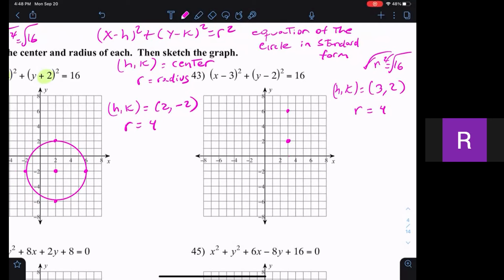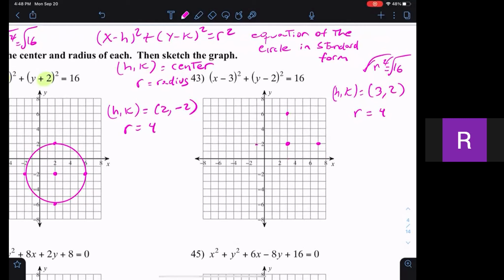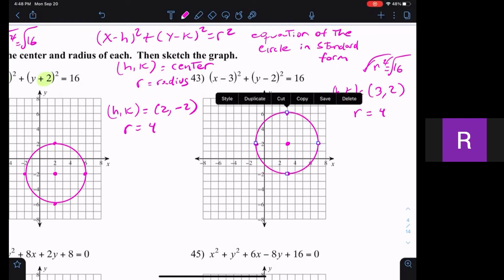Here, 1, 2, 3, 4. 1, 2, 3, 4, and then 1, 2, 3, 4. So you can trace this. Okay, that's the answer.